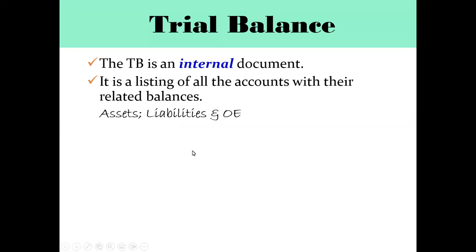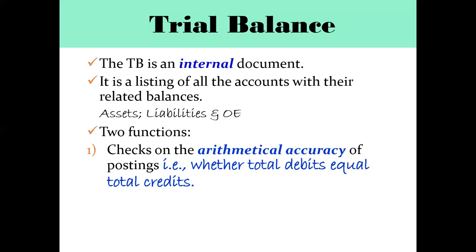Now, after we do that, why do we need this trial balance? The TB serves two purposes. The first one is a mathematical one. We want to check what we call the arithmetical accuracy of the postings that were made, that is, whether our total debits equal our total credits.